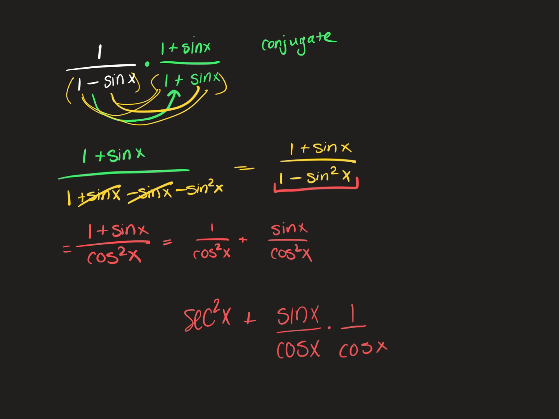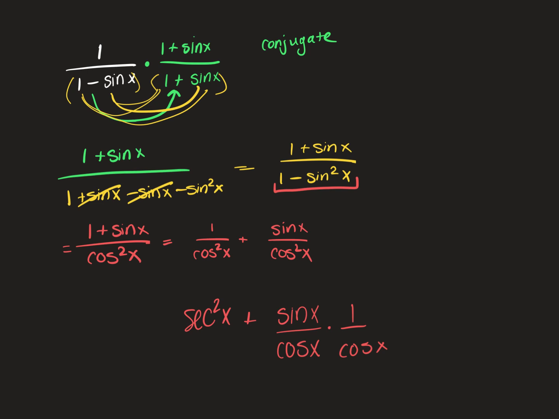I'm basically forcing you to remember everything you've ever learned about fractions and algebra right now. This is kind of expecting you to know how to undo all of your normal fraction stuff. I really feel like the hardest part about this is more of the algebra than it is the trig.